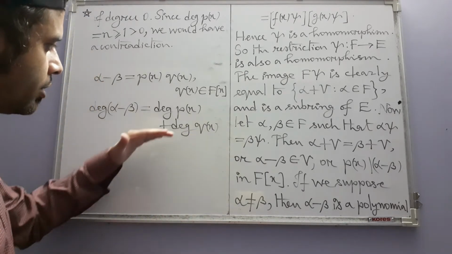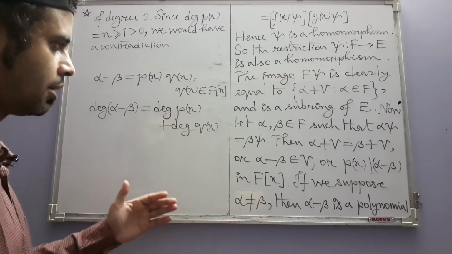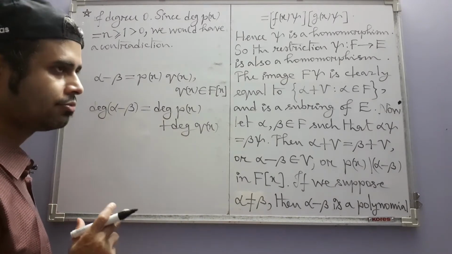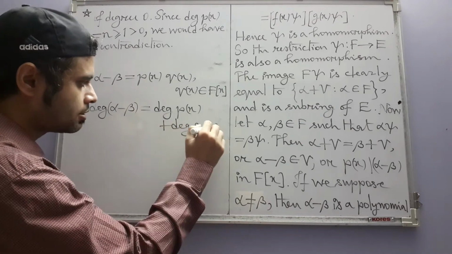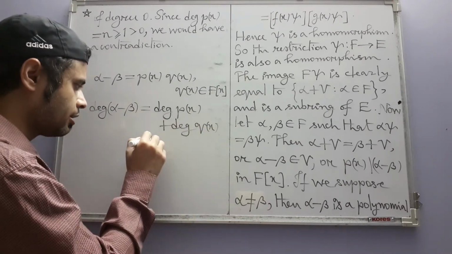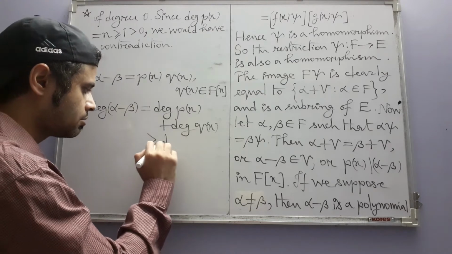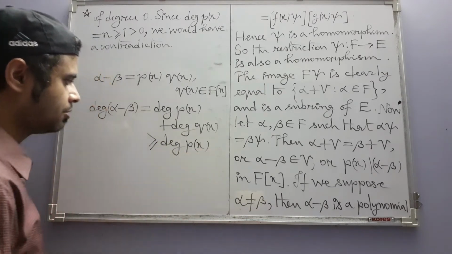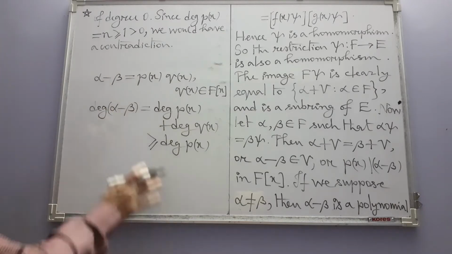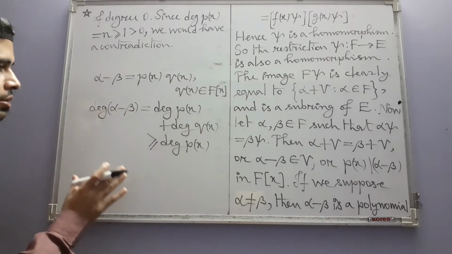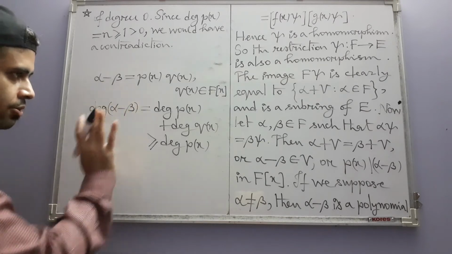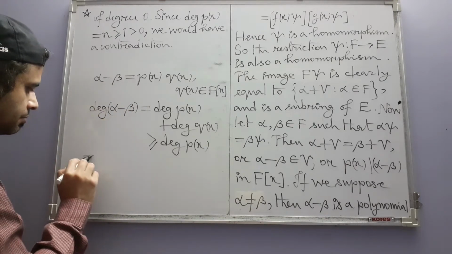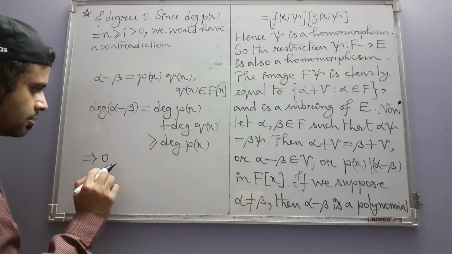Now, degree of q of x, degree of a polynomial by our definition of degree is always a non-negative integer. So this is greater than or equal to 0, and that's why this sum is greater than or equal to degree of p of x. But now if the degree is 0, the polynomial is non-zero, then this would imply this.